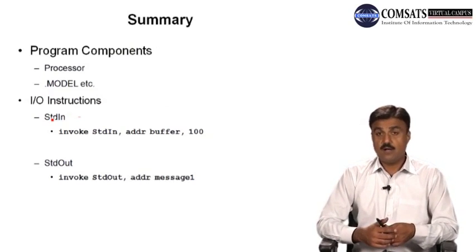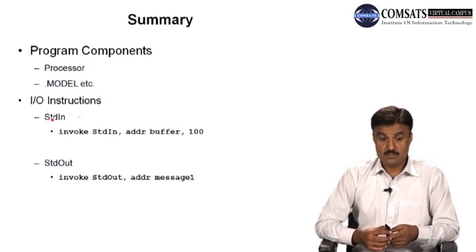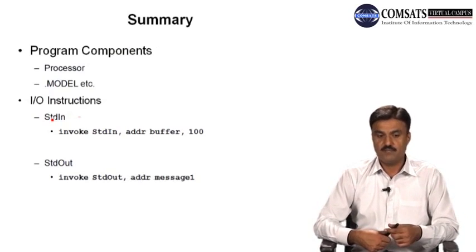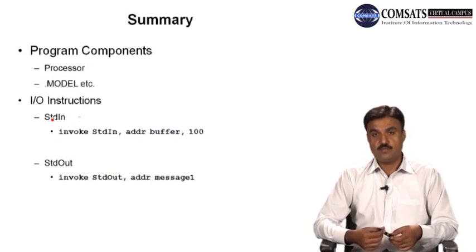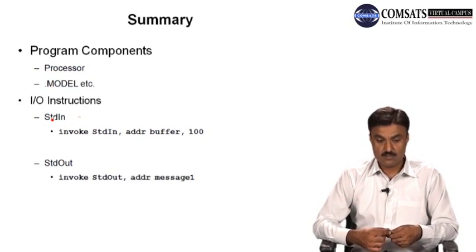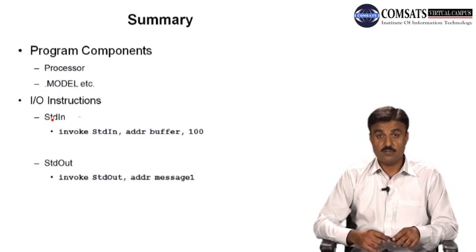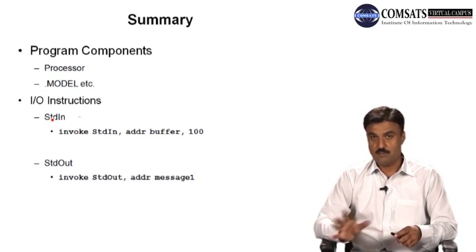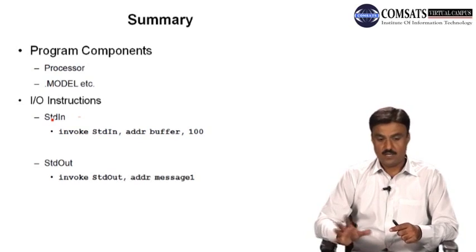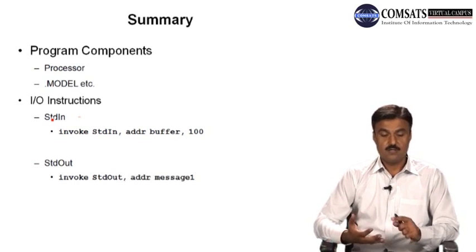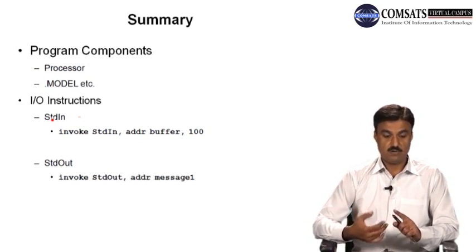Now in the end, I will summarize what we discussed during this whole lecture. We discussed the program components, like the processor directives such as 386, 486, 586, 686 and so on. We also discussed the memory model, like the flat model, and the naming convention for C and STDCALL. So there was flat, tiny, small and so on.